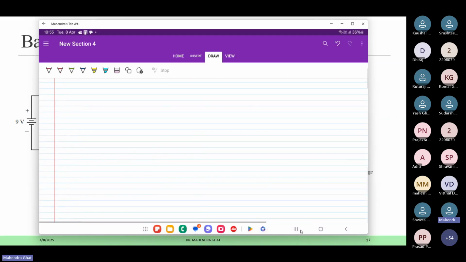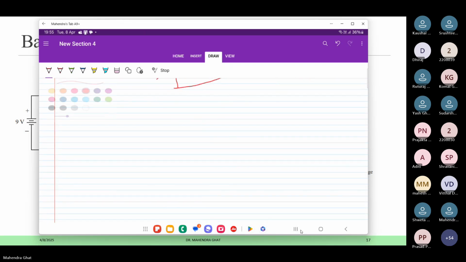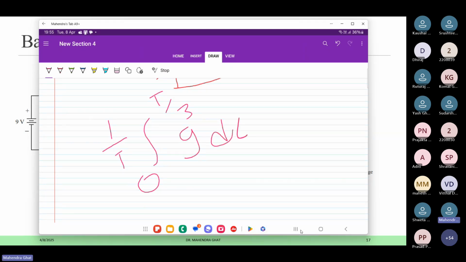So the remaining thing is 1 upon T, from 0 to T/3, 9 dt. The constant 9 I have taken outside, divided by T. Integration of dt is t, over the limits of T/3 to 0.